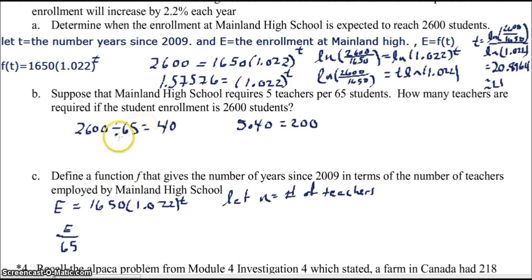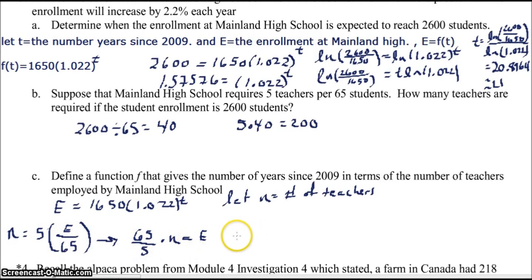Then just like above, after we divided by 65, we multiply this by 5, and that'll tell us the number of teachers, N. So notice that if we solve this equation for E, I just multiply both sides by the reciprocal of 5 over 65. It cancels there, and we get 65 over 5 times N is E.